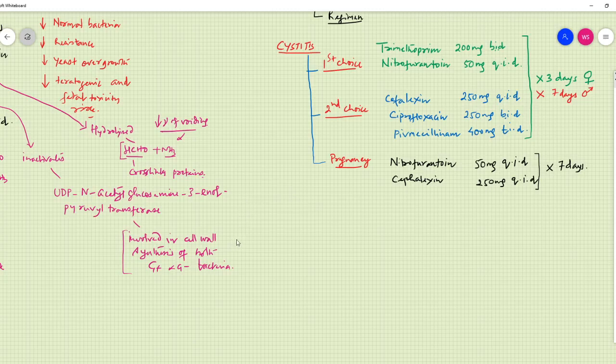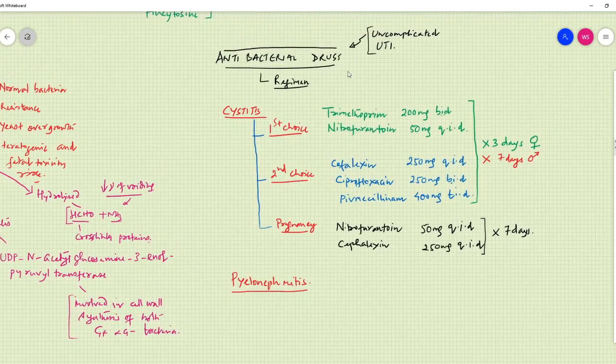The next one that we could look at, after cystitis, the most important disease is pyelonephritis. By the way, the first choice, trimethoprim and nitrofurantoin, is the regimen that is given for prophylaxis.